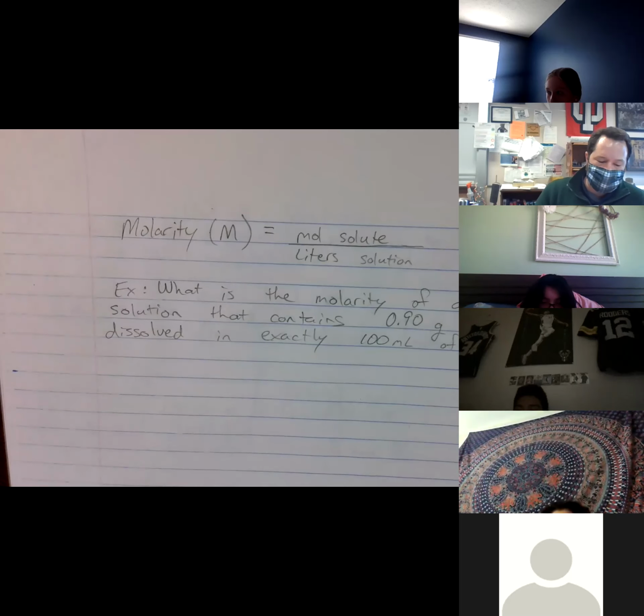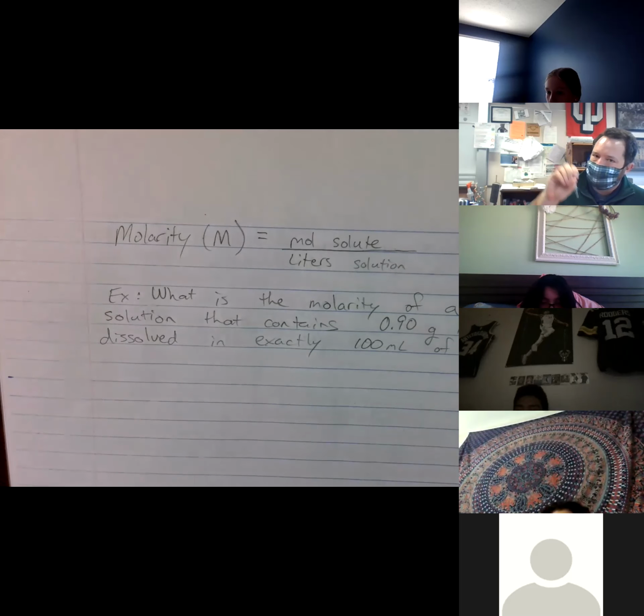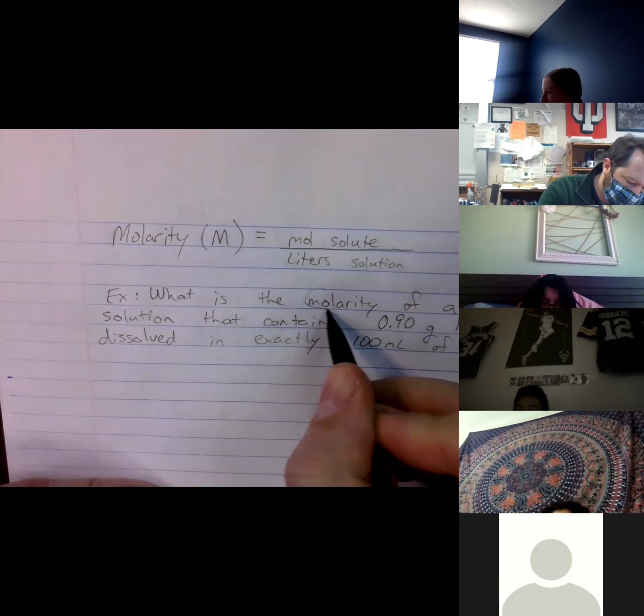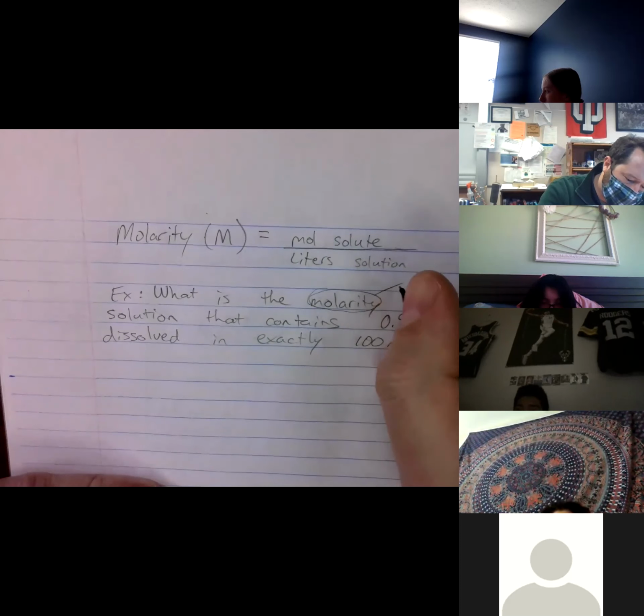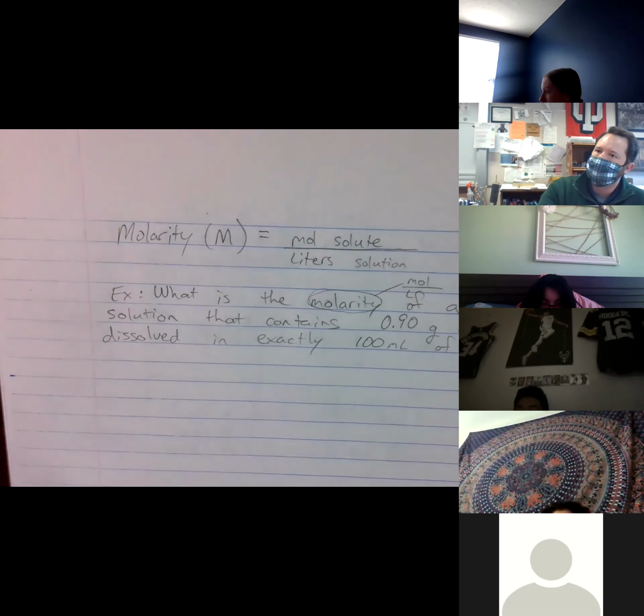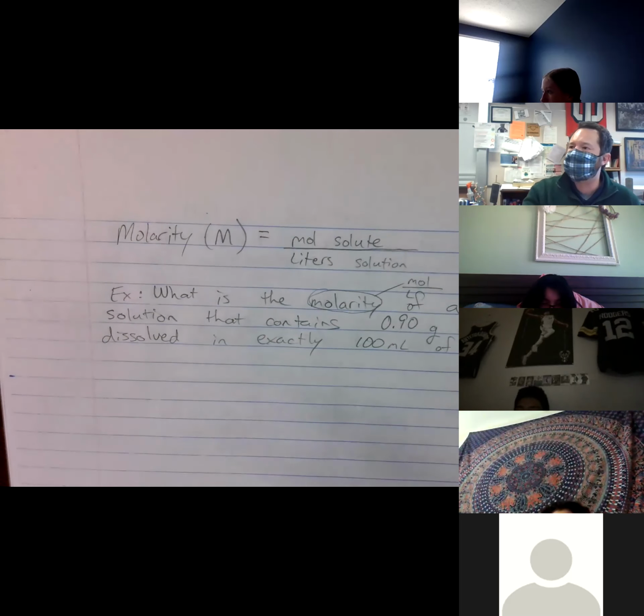Just like with the percentage, we had to see percentage as grams over milliliters. Well, this one here, we need to start seeing this as moles over liters. So anytime you see the big M or the word molarity, for units, think of moles over liters.